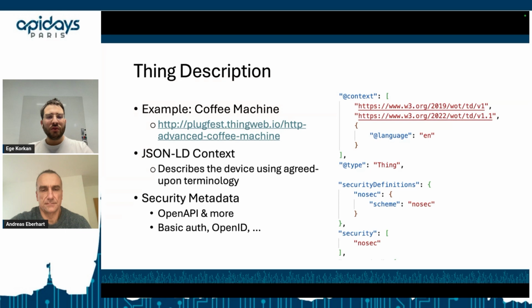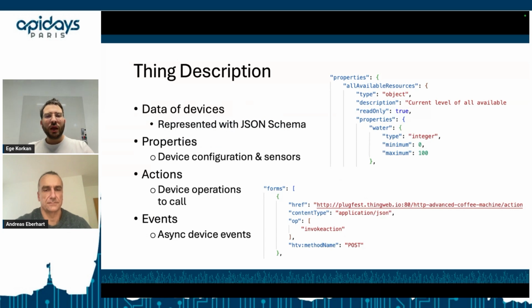So the security is basically inspired a lot by the OpenAPI, but it actually can contain other security mechanisms from different protocols. And this can basically contain basic authentication, OpenID, and so on and so forth. Here, for this basic example, we are just showing the NoSec. We can go further and describe the properties and the other interactions of the device.